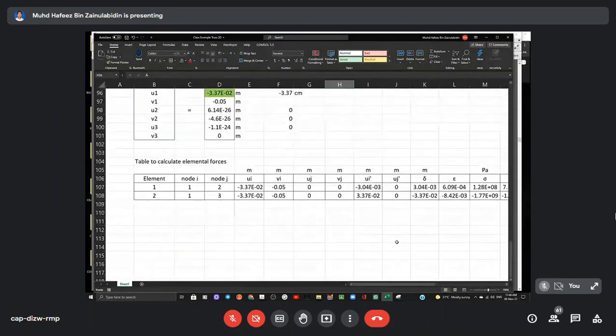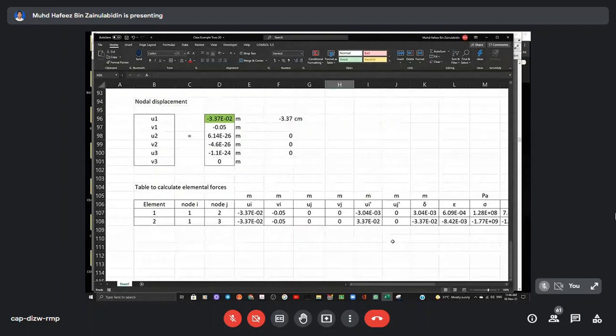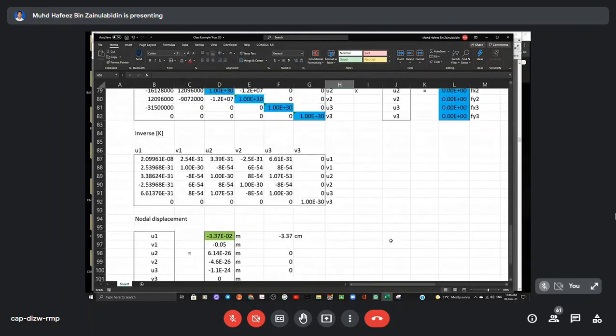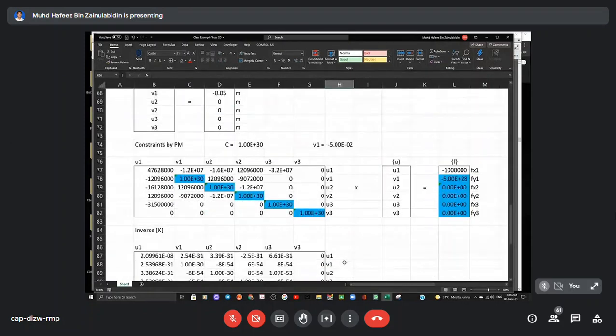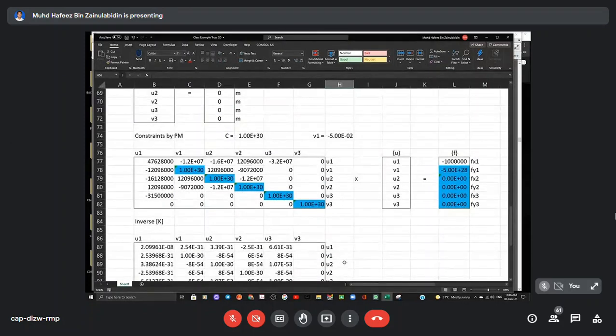Doctor, one more question for the PM method. So it's the same, we just plus the C for all the constraints. For the penalty method, PM, where we apply the constraint is different from the direct elimination method. For direct elimination, we put one.